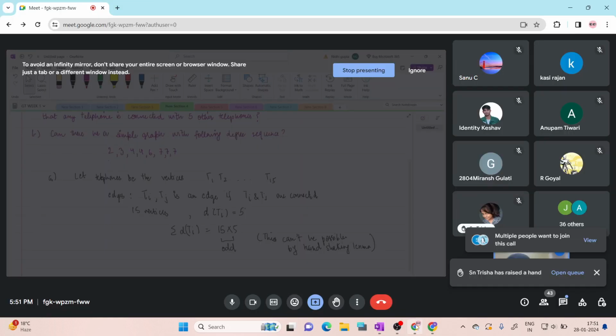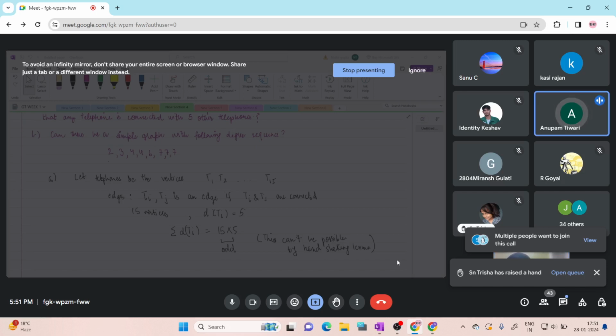The handshaking lemma just says that if G is a graph, the number of odd vertices should be even. It doesn't say the other way around. Is it fine?